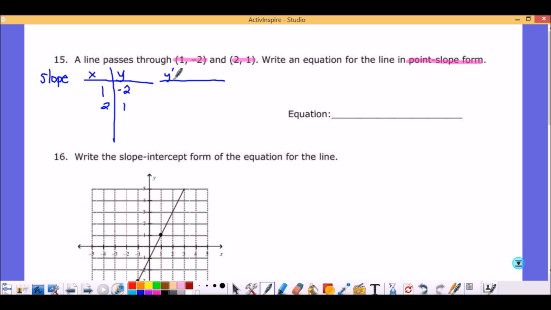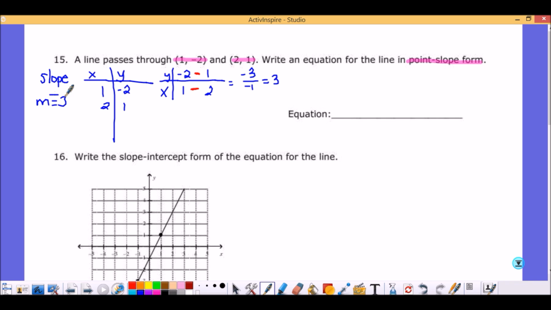That's what slope means. So I have -2, -1, and 1 minus 2. Remember, when I change the direction of a line, I'm subtracting. So that's why I'm always going to be subtracting. So then now I have -3 over -1, and that reduces to positive 3. So my slope, my m, equals positive 3.